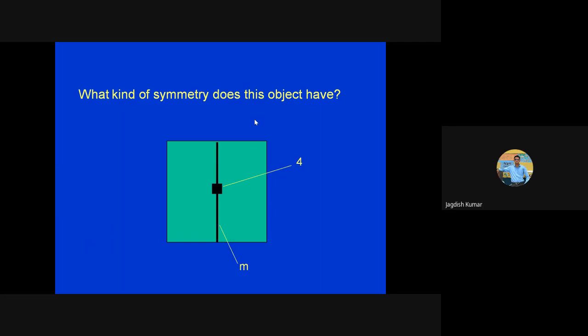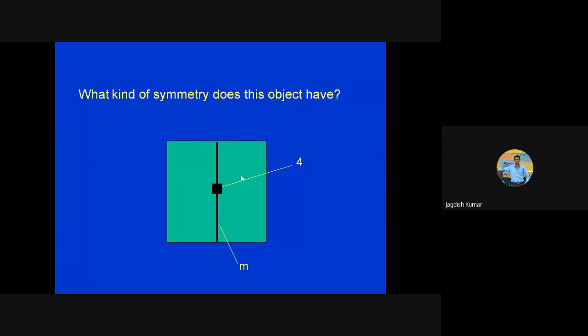It's not only rotation which is a symmetry operation for a square. In a square, we also have a mirror plane, right? What do we mean by having a mirror plane? It means if I place a mirror along this vertical line in a square, then we will see that the left half of the square is exactly the mirror image of the right half.